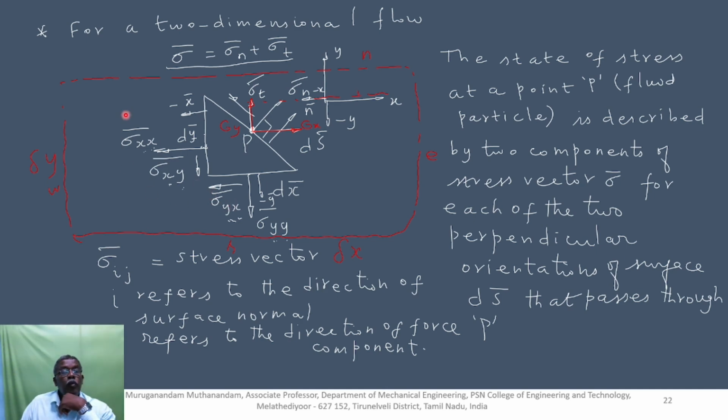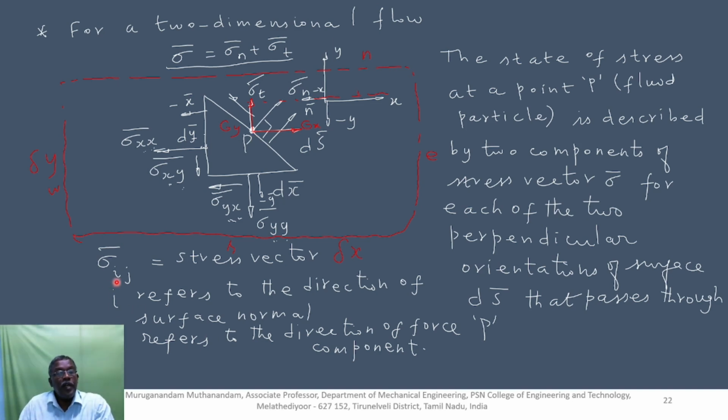Combined, these four stress vectors define the state of the stress at point P, that is sigma xx, sigma xy, sigma yx and sigma yy. These four quantities, which are vector quantities shown by overbar, define the state of the stress at the point P.